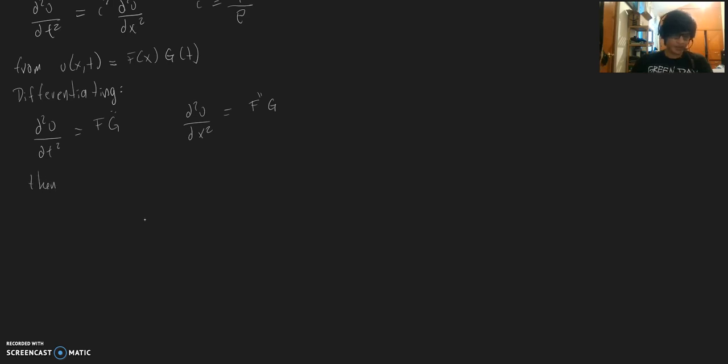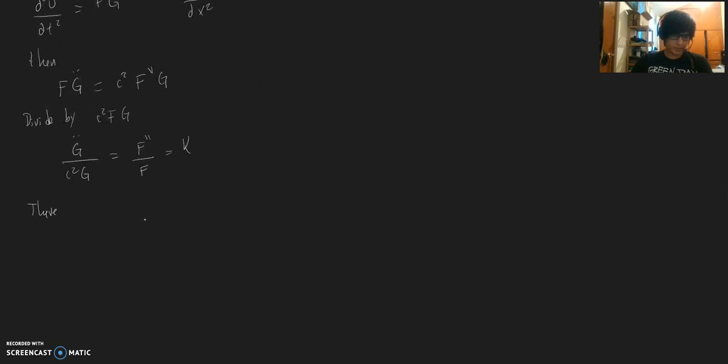Then we know from the original partial differential equation that f times g double dot is equal to c squared times f double prime times g. So we can divide by c squared f g, which gives us g double dot over c squared g is equal to f double prime over f, and this is equal to a given constant.